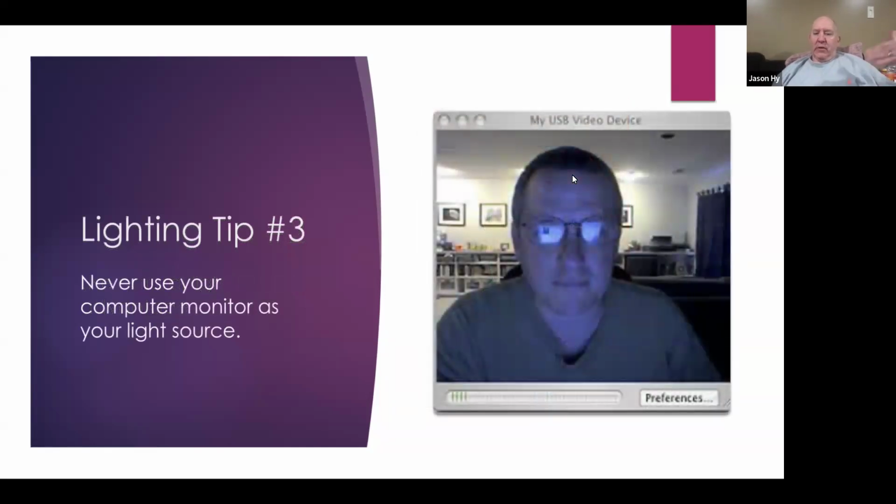Another lighting tip is never use your computer monitor as your light source to illuminate yourself. Currently, I'm in my basement, but I have every single room light on imaginable. As you can see, the background and myself are evenly lit. In this gentleman's case, the computer screen is giving off a color temperature of 5,600 Kelvin, which is exactly what the sunlight gives off outside.